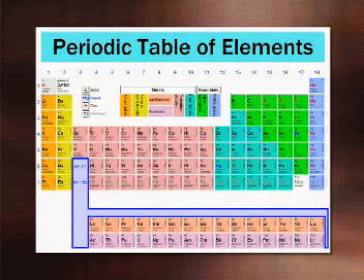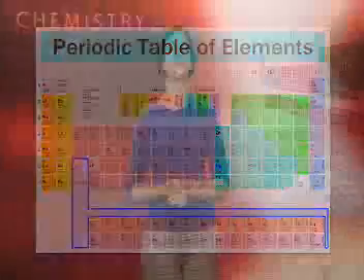Elements that are found in the same group on the periodic table show similar chemical properties. These elements also have the same number of valence electrons. For example, group 1A elements all have one valence electron, while the elements in group 2A all have two valence electrons, and so on.